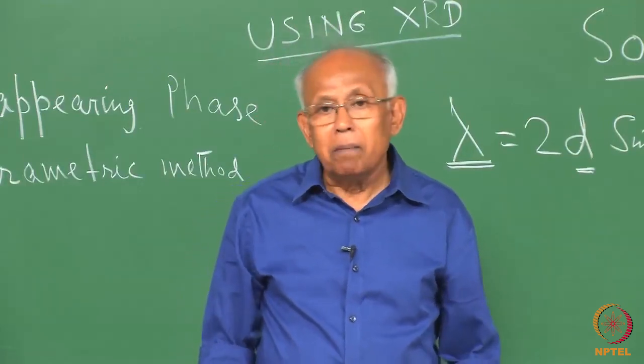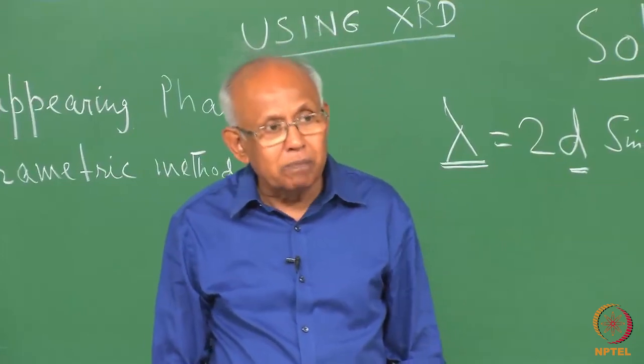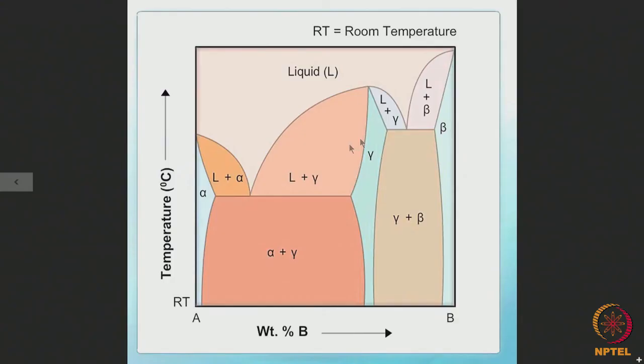For example, the microscopic method will be a good method to do so. Now, there are complicated phase diagrams. I will just give you one example. Here we have the alpha and beta terminal solid solutions, and we also have a compound which has extended solid solubility.